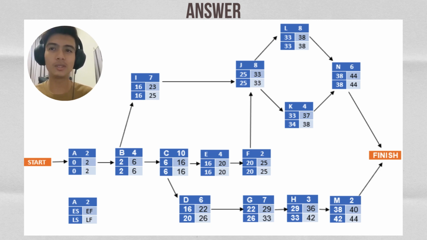So in this case we choose 38, the biggest number. After that, we do some operation to get the early finish for column N.